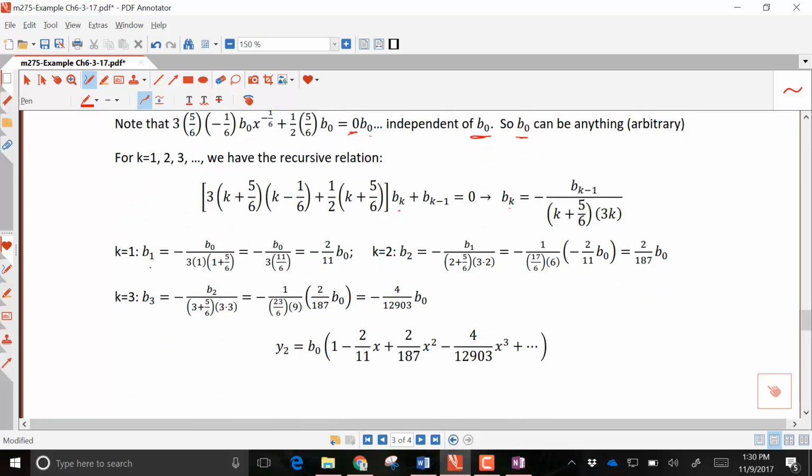We get b sub 1 is equal to something with a b sub 0 in it. And remember, b sub 0 is some arbitrary constant. And then we let k equal to 2. Oops, this is the k is equal to 1. k is equal to 2. We get something with a b sub 1, but we'll replace that with b sub 0. And then k is equal to 3.